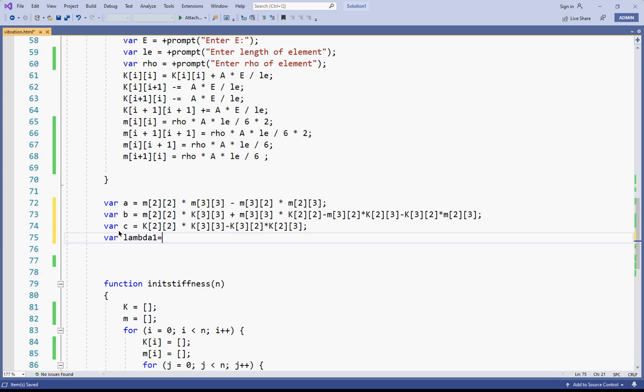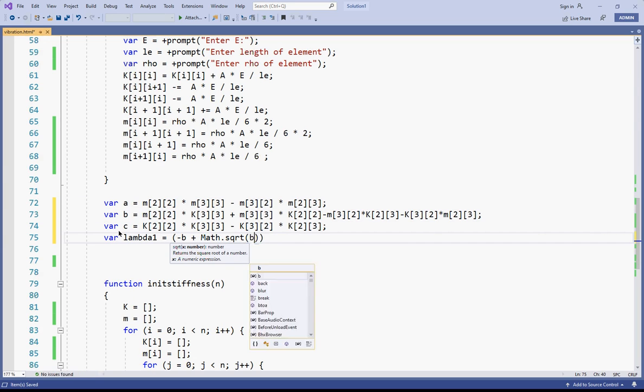It is minus B, first for the positive sign, minus B plus minus the square root of B square.